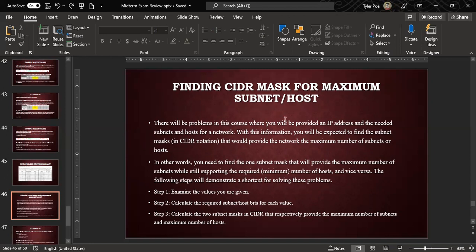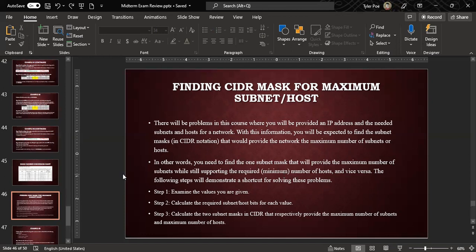So basically, the goal of these questions is to find a mask that supports the maximum number of subnets or hosts in a given network. What you're really trying to solve for is the subnet mask that will support the minimum or required number of hosts, and vice versa.